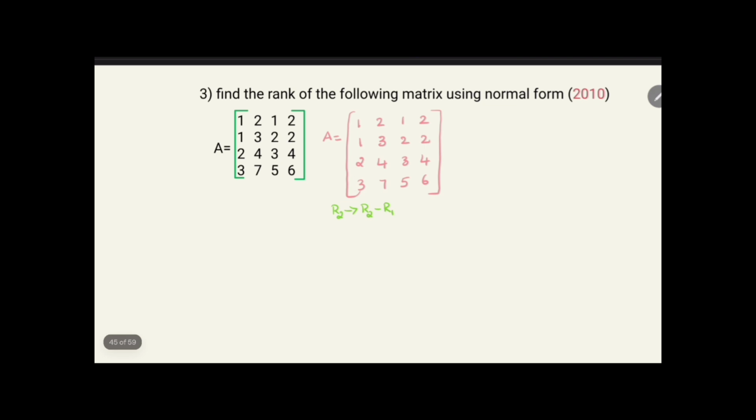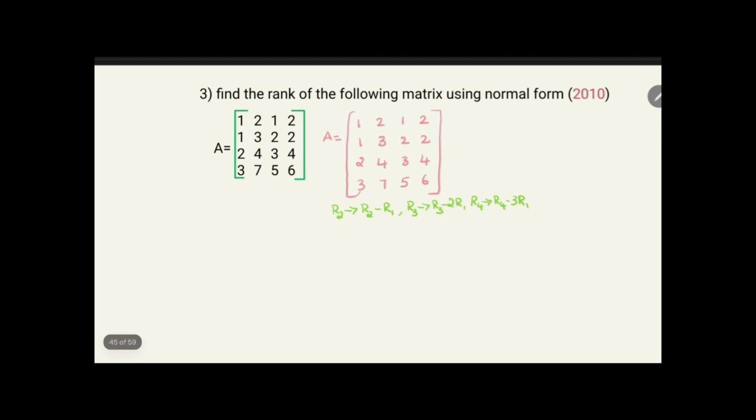We will write the operations here: R3 implies R3 minus 2R1, and the next one is R4 implies R4 minus 3R1.